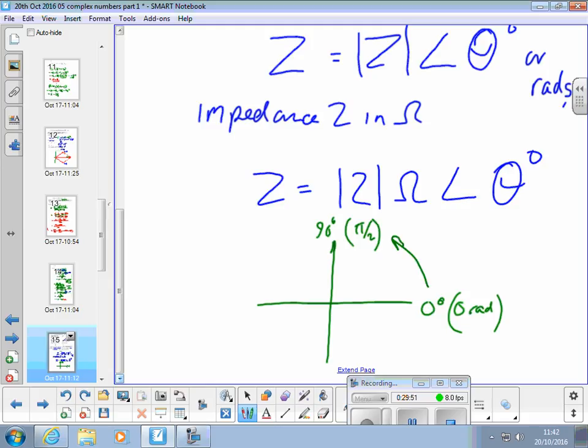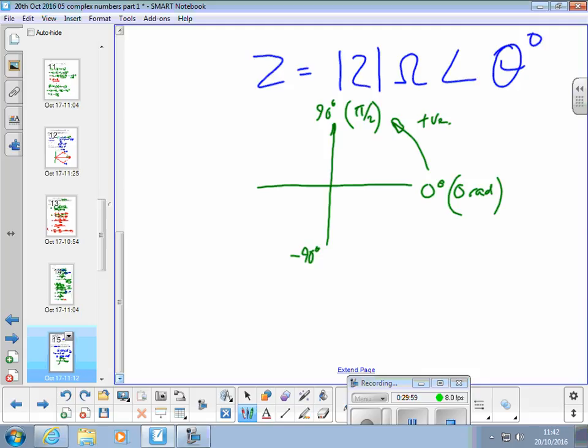So positive is anti-clockwise. Down here, minus 90 degrees, minus pi over 2 in radians.